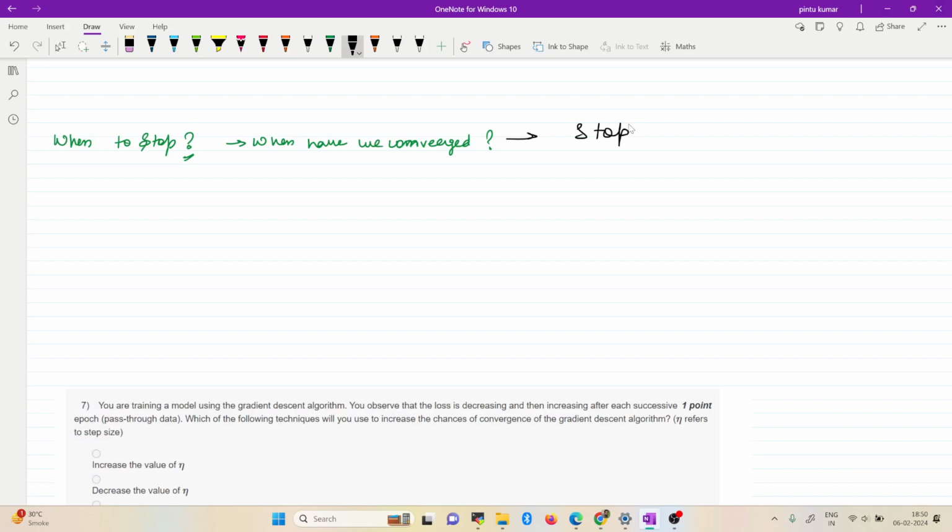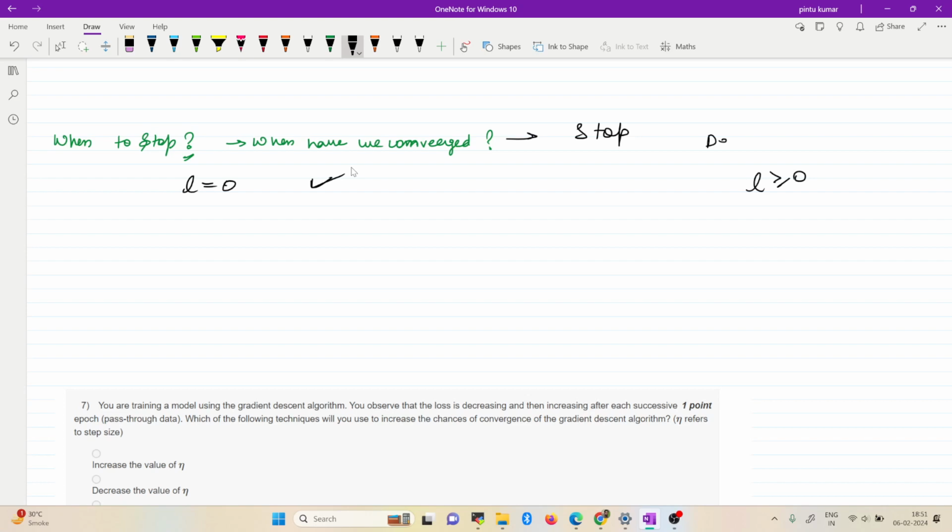So when should we stop? In optimization, especially if you talk about deep learning methods, your loss function will always be greater than or equal to 0, right? It can't be negative. So one thing is that if you have attained your loss to be 0 at some point, then you can stop.